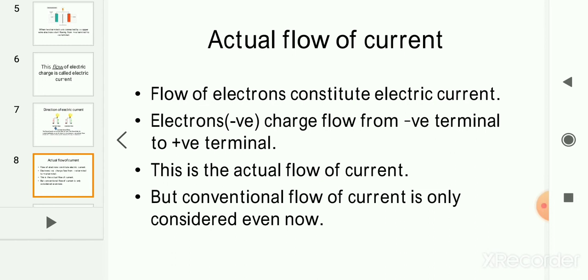This is the actual flow of current. But the conventional flow, positive terminal to negative terminal, is the only one considered even now.